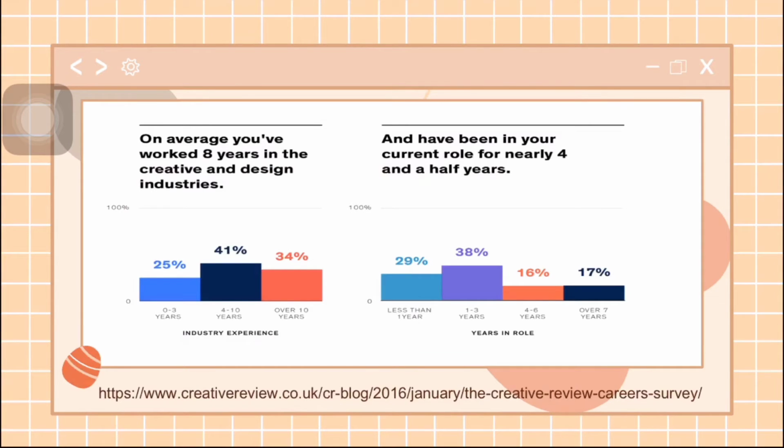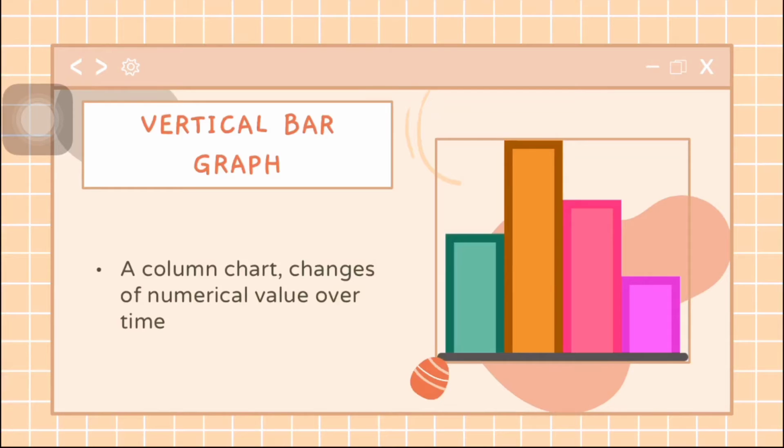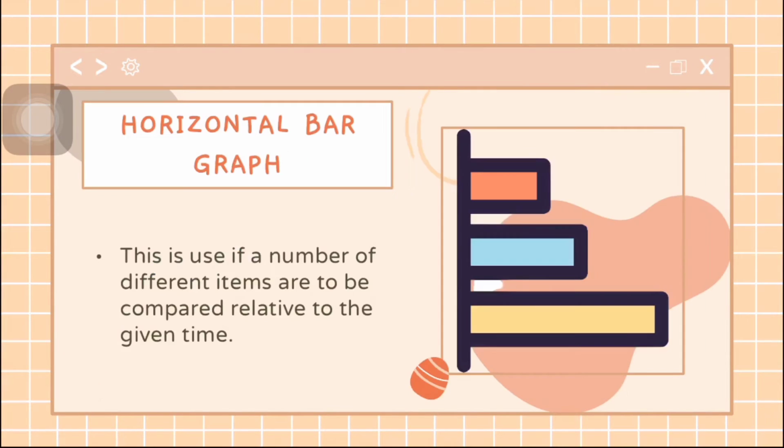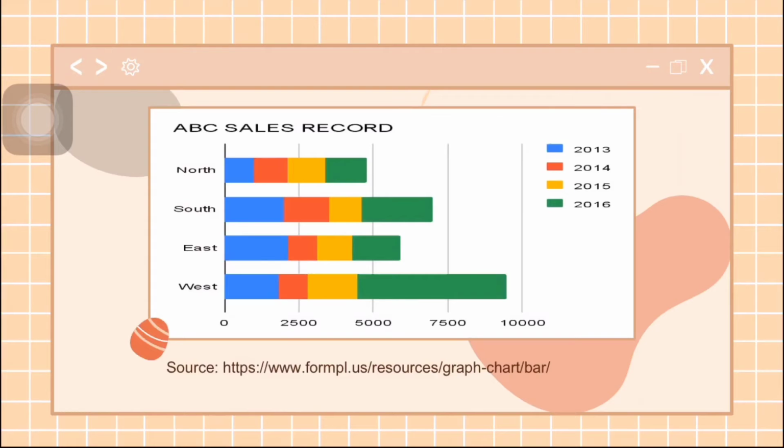This is the example of a vertical bar graph. As you can see, it shows the change in numerical value over time. The next is the horizontal bar graph. This is used if a number of different items are to be compared relative to the given time. This is the example of a horizontal bar graph.